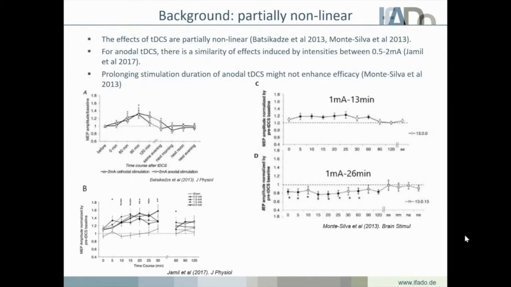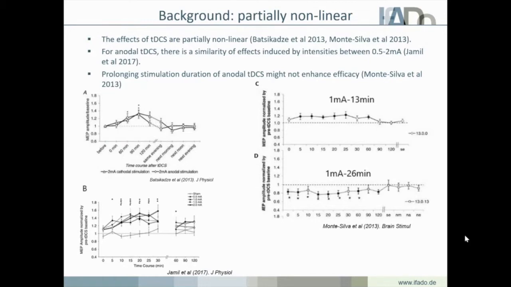But over the last few years, we have seen that the after effects of tDCS are actually partially nonlinear with respect to intensity in cathodal stimulation, and with respect to duration with anodal stimulation.